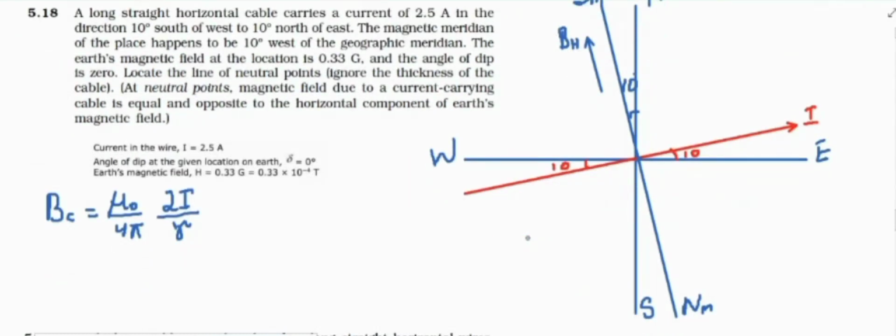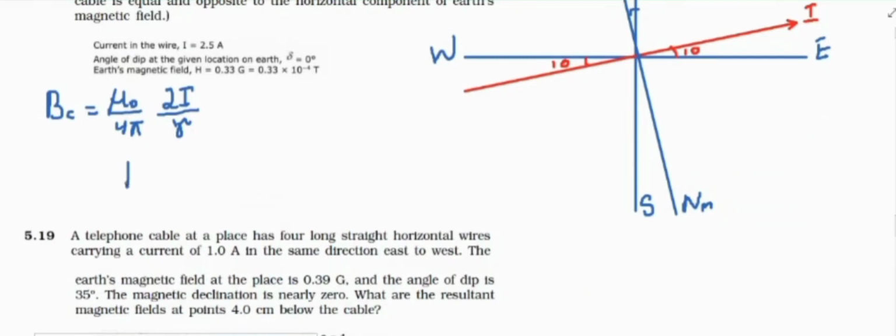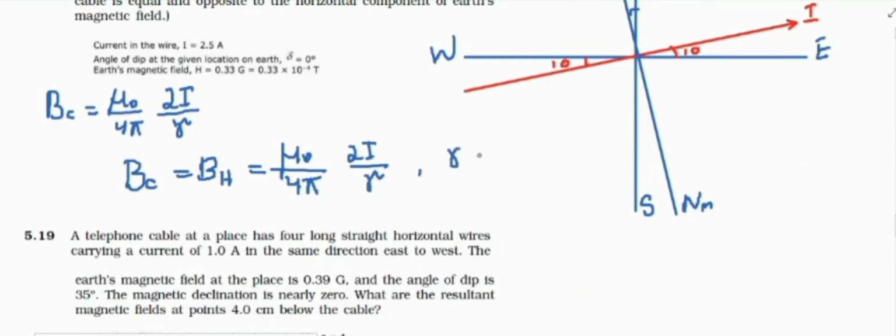It happens above the cable. So BC is equal to BH, which is mu naught by 4 pi, 2I by R. Substitute the values and find the value of R.